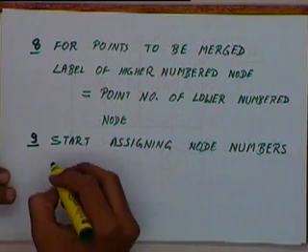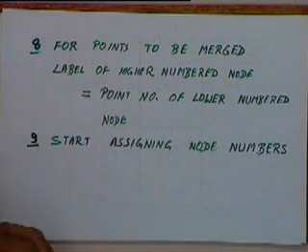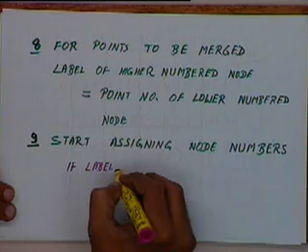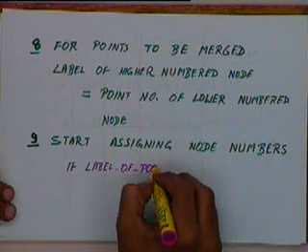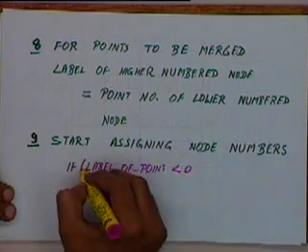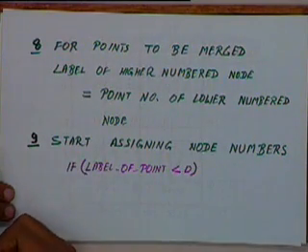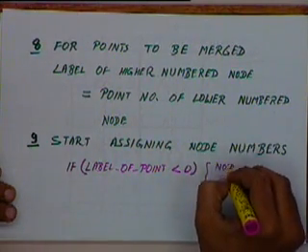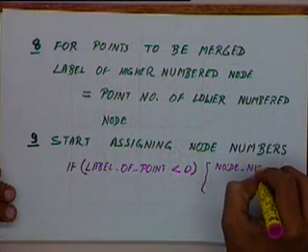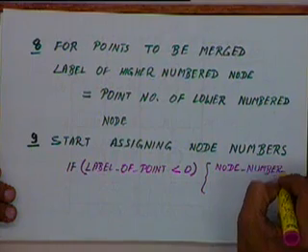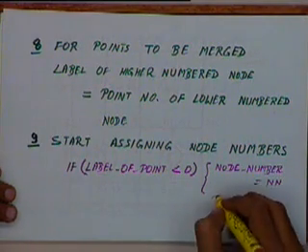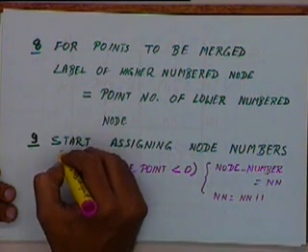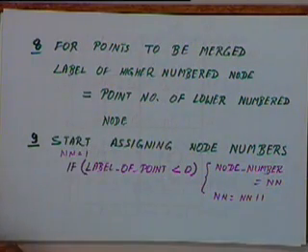What we do is, if the label of the point is less than 0, then the node number is equal to some number nn, and we say nn is equal to nn plus 1, initializing nn as 1.